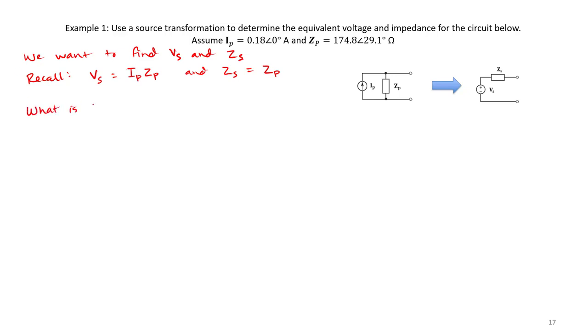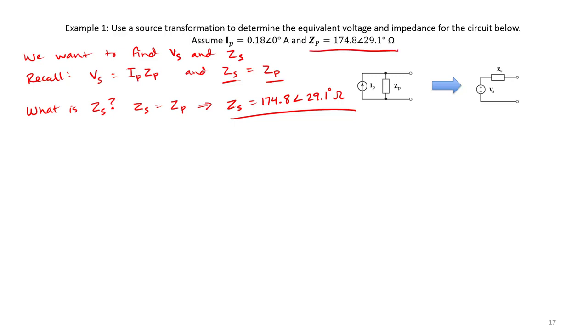So what is our value of Zs going to be? Well, that's the nice easy one, right? Our favorite relation still holds. Zs is just going to be equal to Zp. So we know Zs will be 174.8 angle 29.1 degree ohms, because that is what our Zp was.